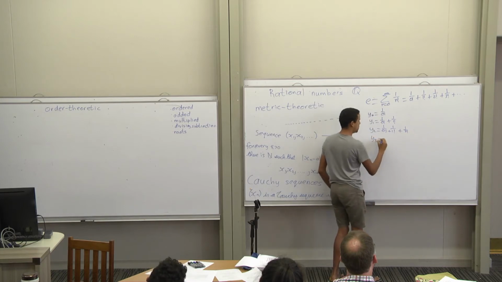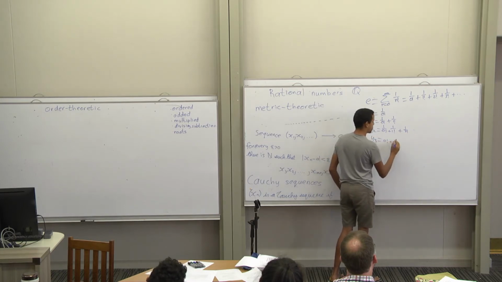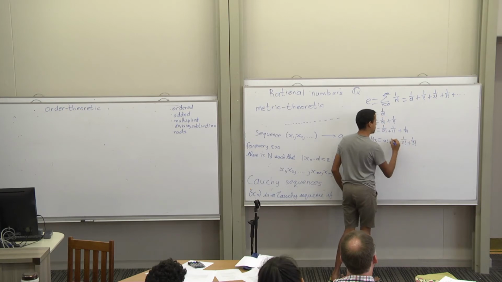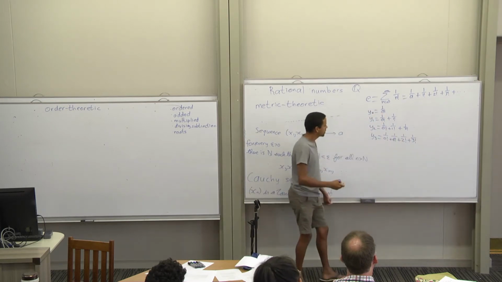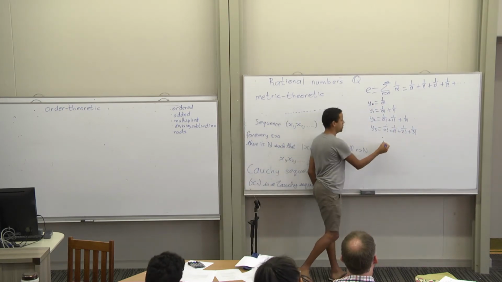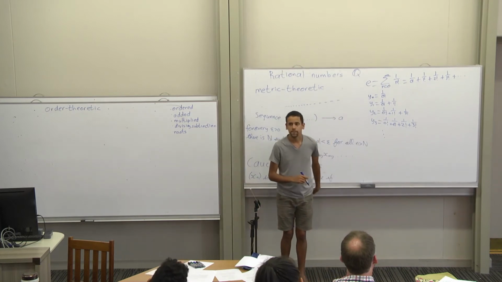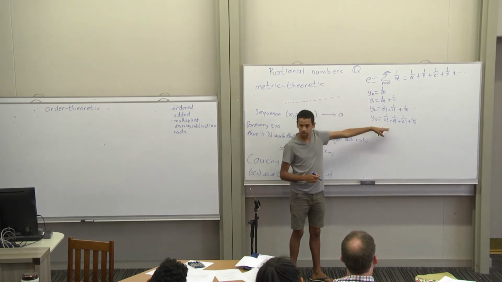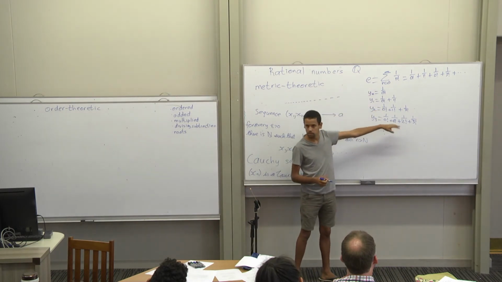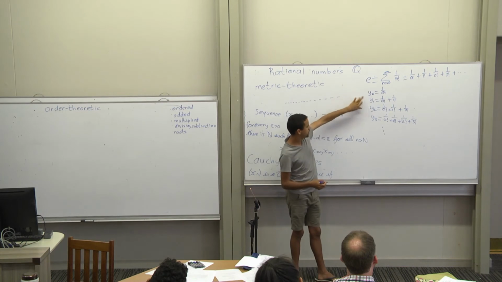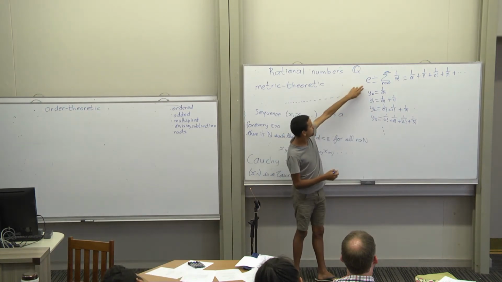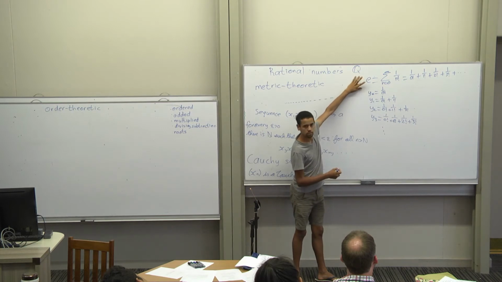And y3, with 1 factorial, 2 factorial, is the first four terms, and so on. And the sequence that you get, these are all rational numbers, because those denominators are all integers. This sequence is a sequence of rational numbers which tends to this irrational number e.